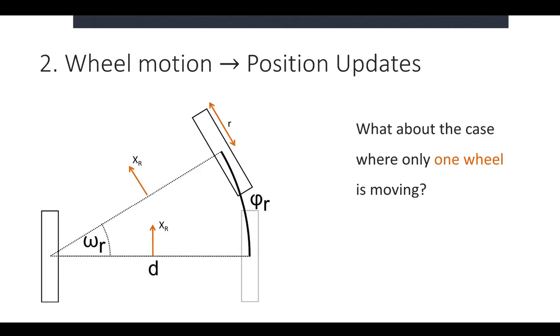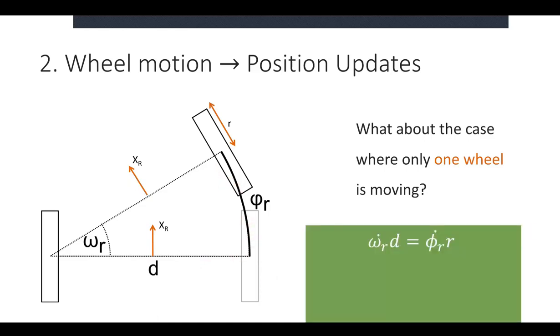In this case, we know that this arc length is equal to these two things multiplied together, because that's the same thing we just did on the previous slide to figure out what this arc length is. So I can set those things equal to each other.